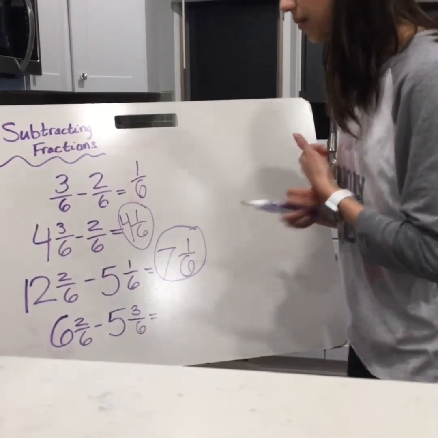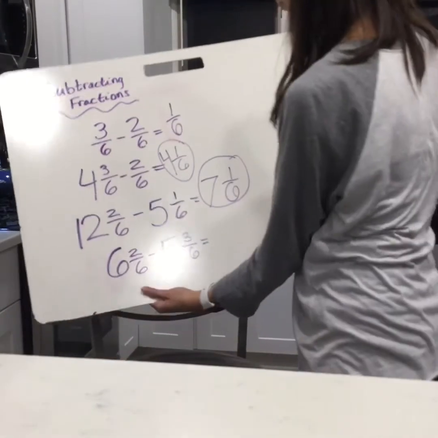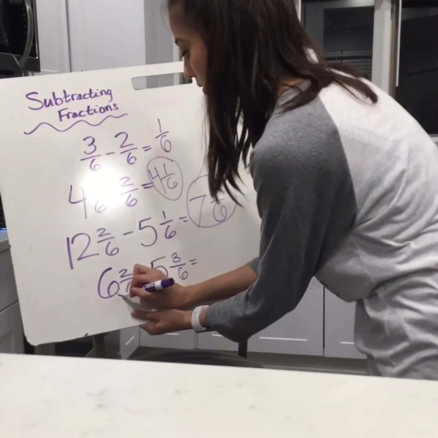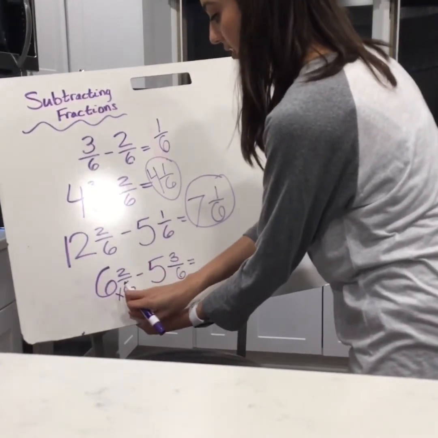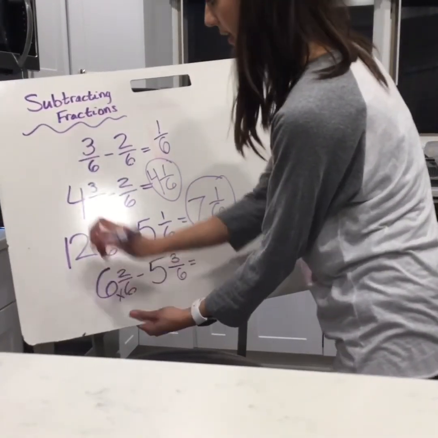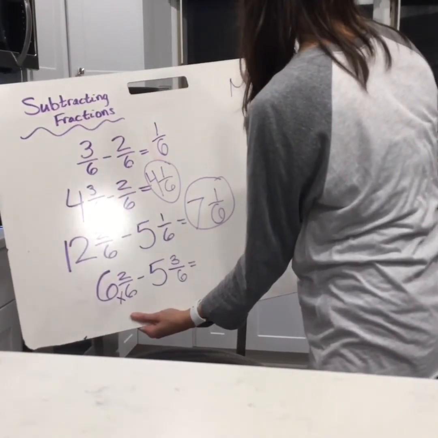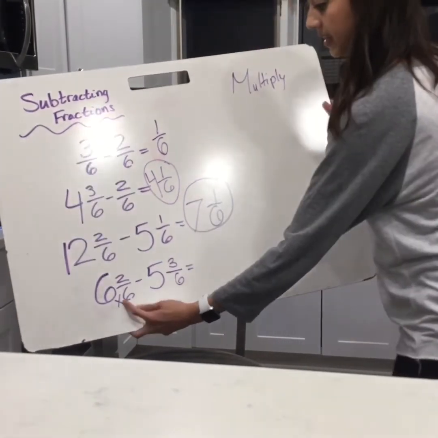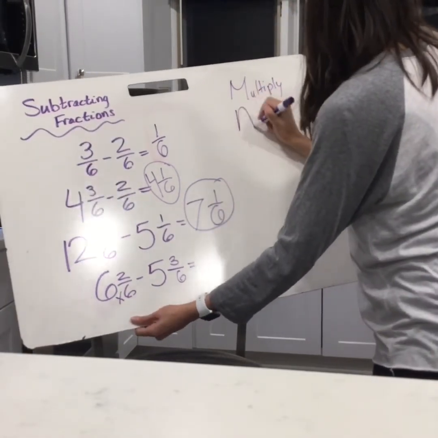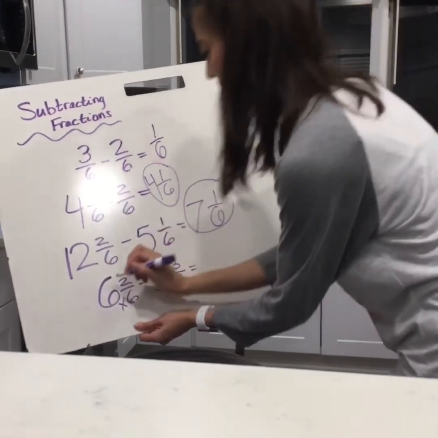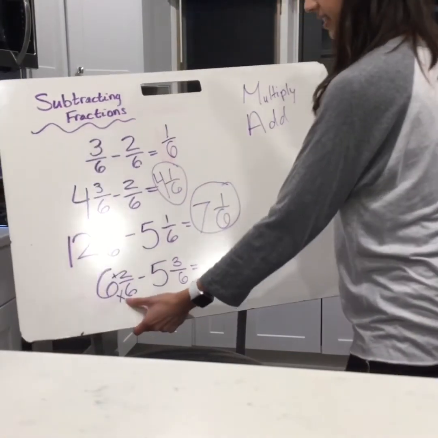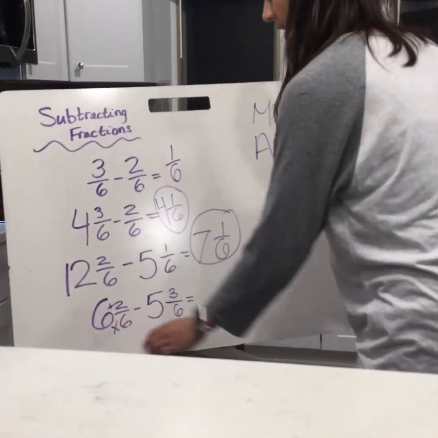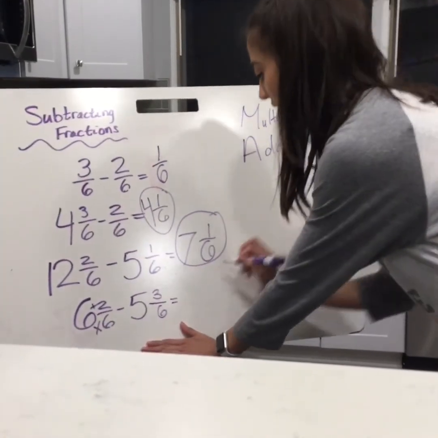So to make mixed numbers into improper fractions, if you remember, you need to do 6 times 6, M for multiply. Next, we add. 36 plus 2 is equal to 38.